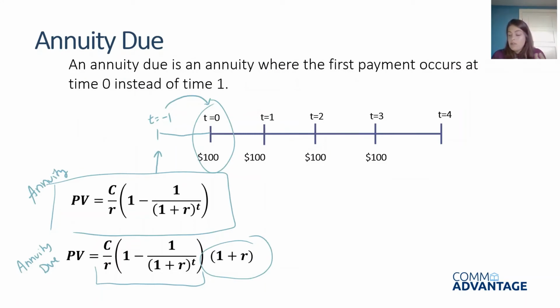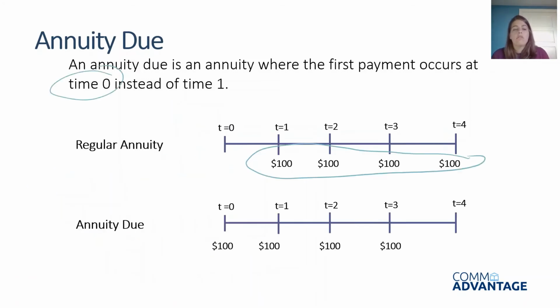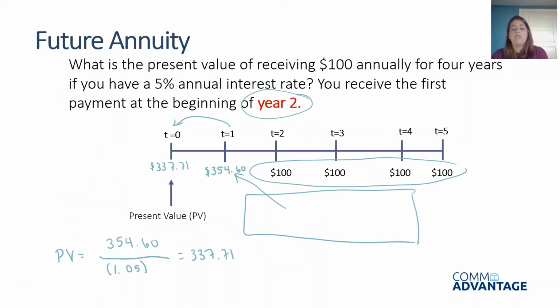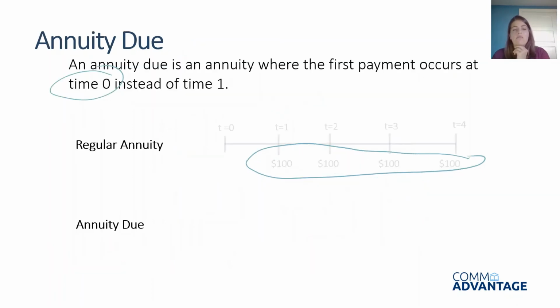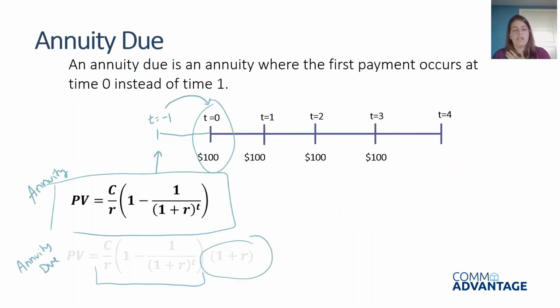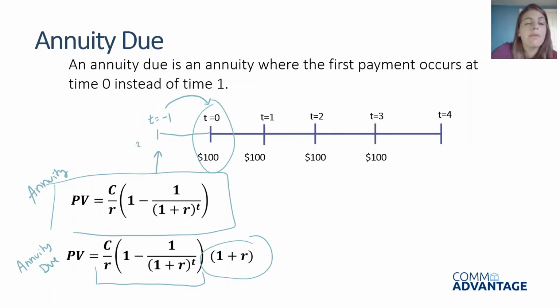So in this situation, if we wanted to calculate this out, we know that the future value from before was $354.60. Just want to show you where we got that. But that $354.60, and again, that's not the present value we're looking for. So we're just going one period into the future there.